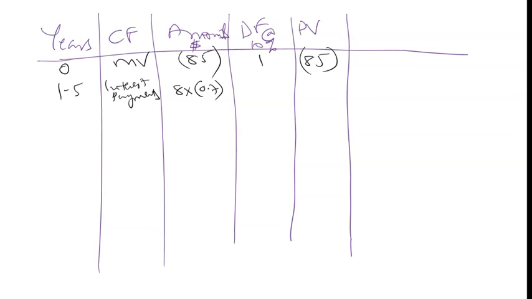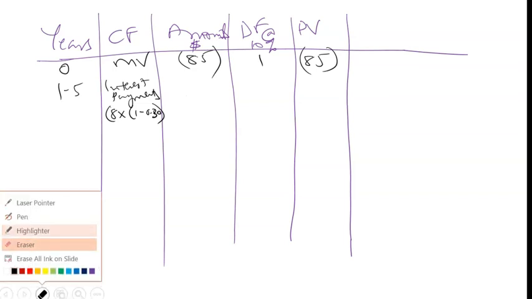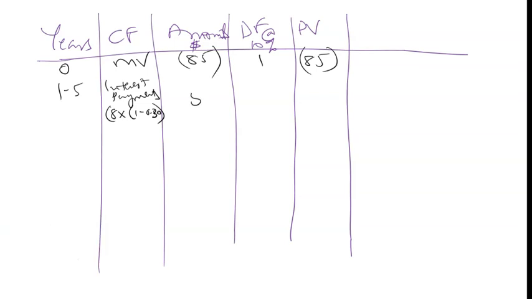Okay, so you can do your adjustment here and say 8 multiplied by 1 minus 0.30, and this gives you $5.60.